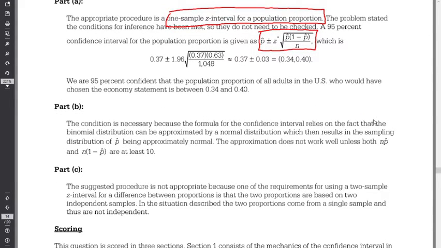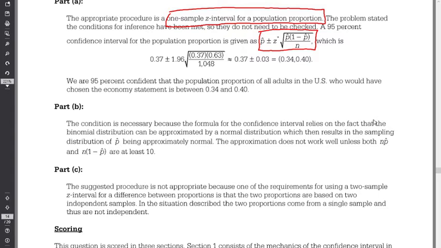Now, Part B was tough to get the point for. In Part B, you didn't just need to say that it's the normal condition, right? Good if you identified that it was the normal condition, but they also wanted you to explain why that is the normal condition. Why is that the condition that we are checking to use the normal distribution?